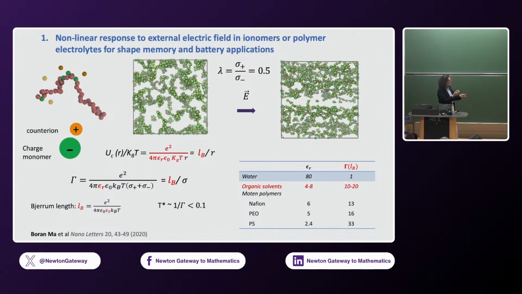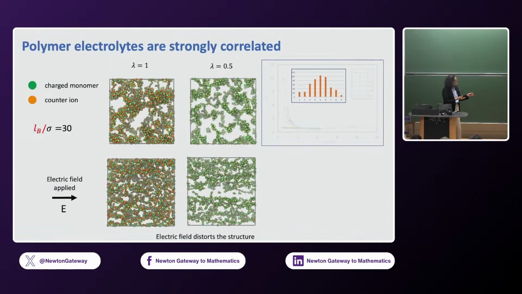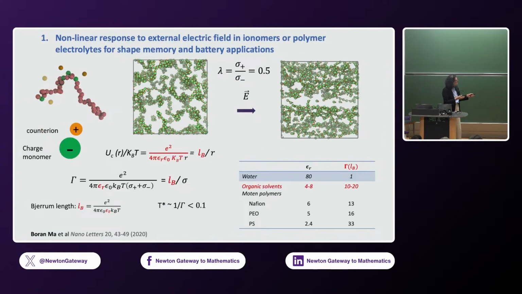And this is because this is in a low dielectric constant medium. So these are the parameters one should look at in these systems. You have Coulomb interactions, but what dominates is this length scale, which is called the Bjerrum length.